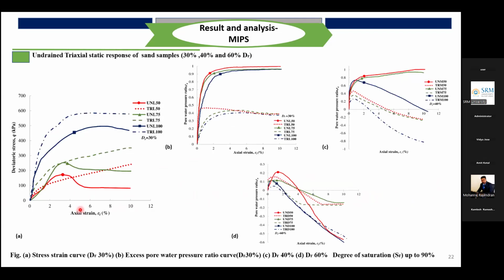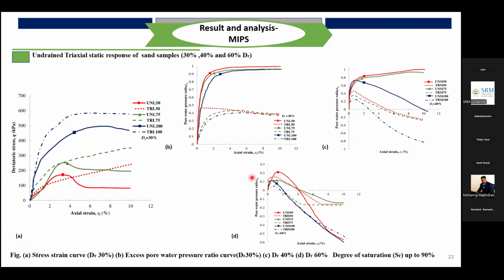Okay. Straight away I'll move on to the results. We have basically selected different relative densities: 30, 40 and 60. So 60 comes under medium, 30 is loose, and 40 is the boundary between medium and loose condition. So the selected samples are more prone to liquefaction.